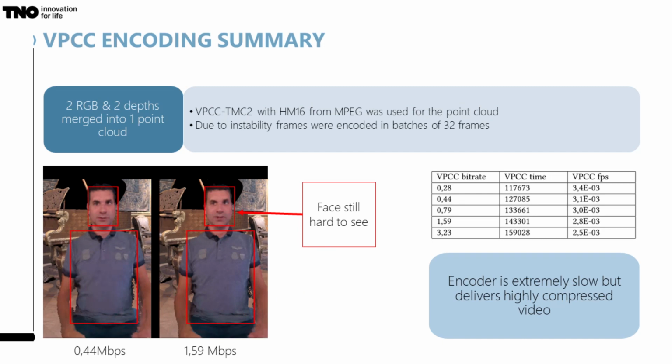For the VPCC encoding, we used MPEG's VPCC, TMC2, with an HM16 video encoding base. We had many problems with encoding the 400 or so frames, with the encoder crashing multiple times, so we ended up encoding it in batches of 32 frames, which was the GOP size.